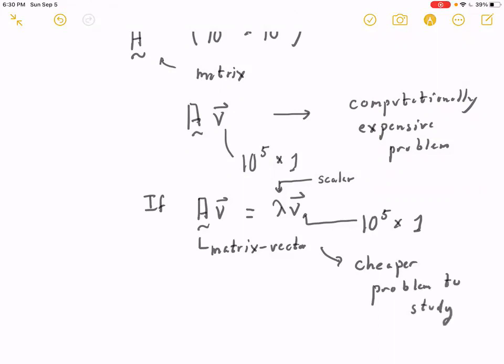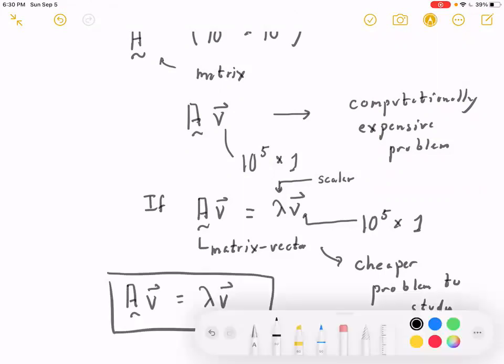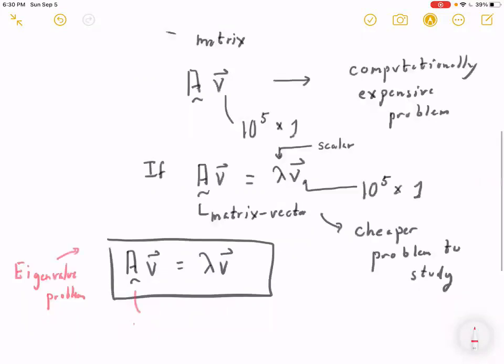So in fact, the eigenvalue problem, this is what it is. So let's give it its due and highlight it in red. This is the eigenvalue problem. On the left-hand side, you have a matrix multiplying a vector, which is computationally expensive.